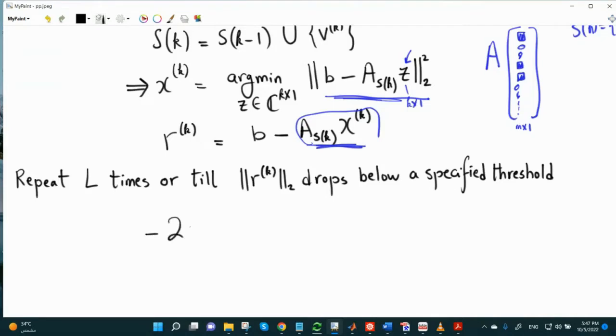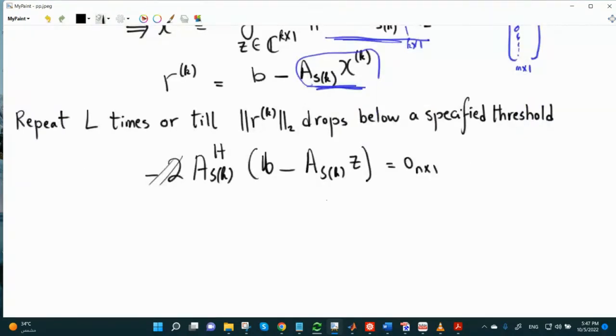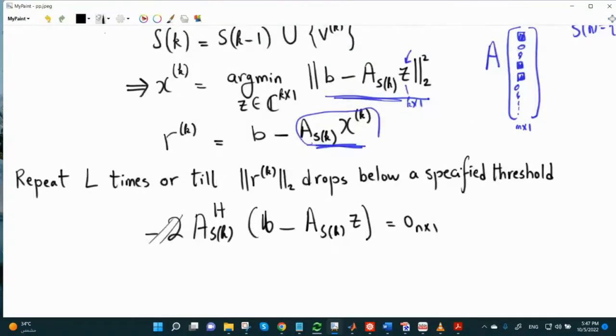The gradient will be minus 2 A sub S of k Hermitian, times b minus A sub S of k z, and this is equal to the all zero vector. Then we can just remove this minus 2. And when we equate to 0, we will obtain our solution.